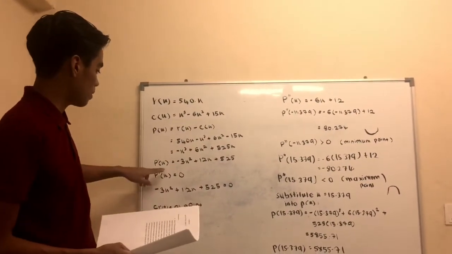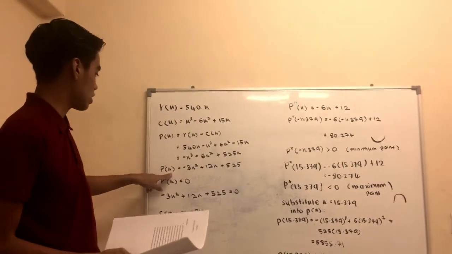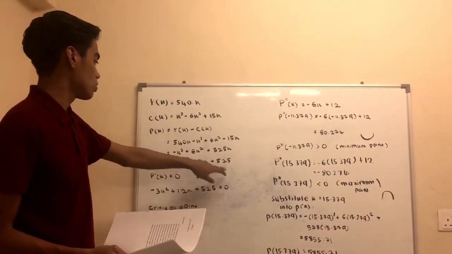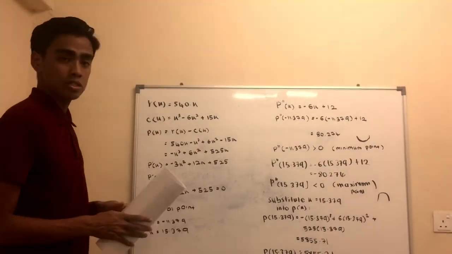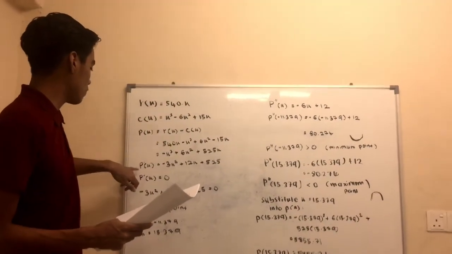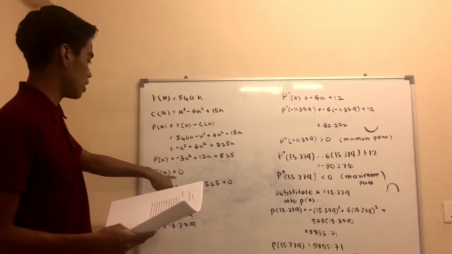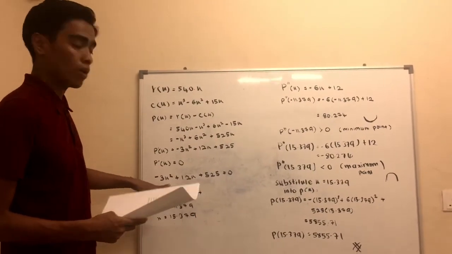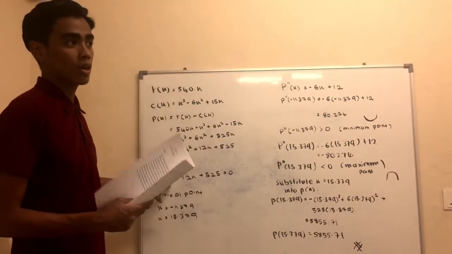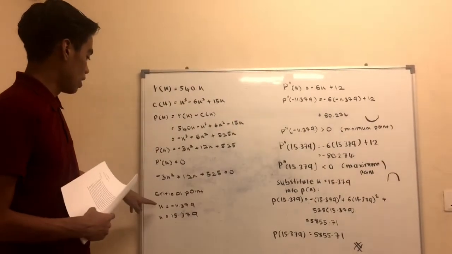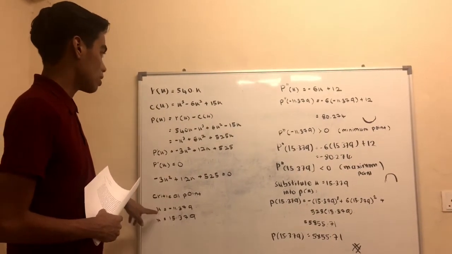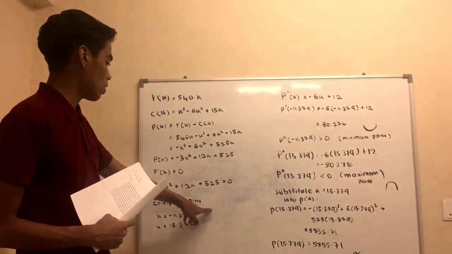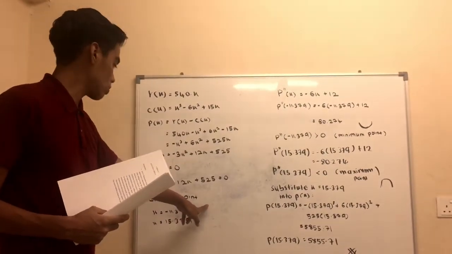Then we differentiate the profit of x until we get negative 3x squared plus 12x plus 5, and after we differentiate P(x), we must equate it to 0. Then we will get a quadratic equation. When we get the quadratic equation, we must find the critical points by using the calculator, or if you want, you can use the formula.